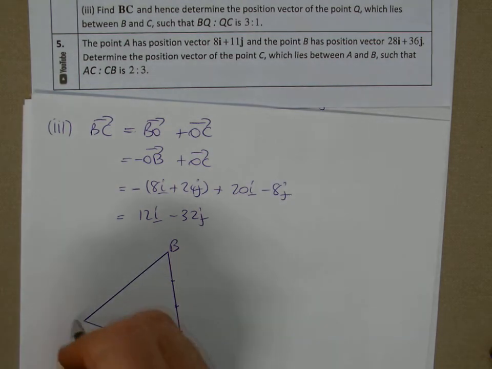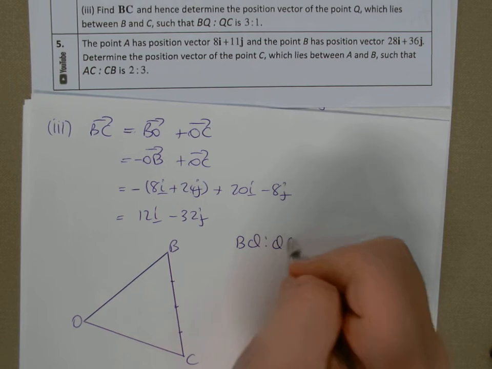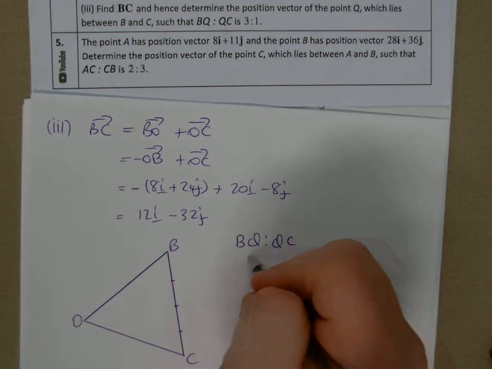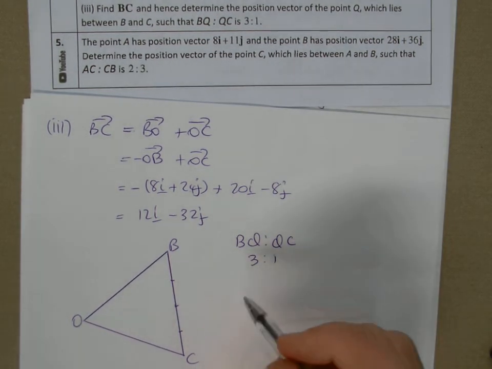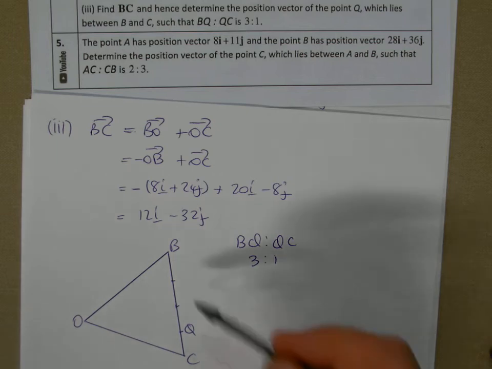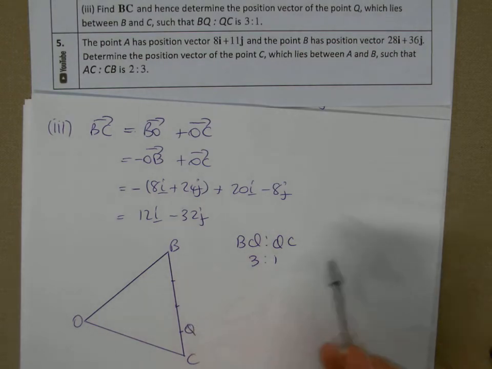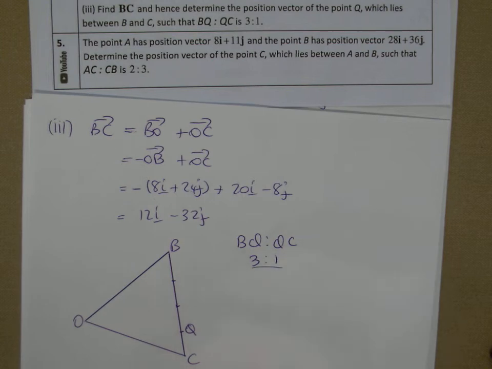Because the ratio is 3 to 1, Q is going to be here, isn't it? Q would be there, because there's 3 parts from B to Q, and just 1 part from Q to C. So you notice I split it up into 4 equal parts, because that's how the line is split up in that ratio.